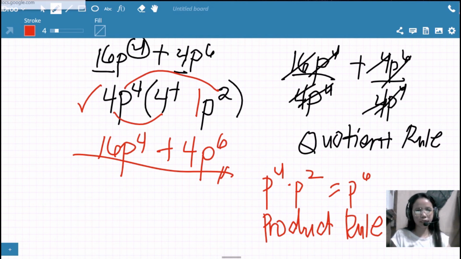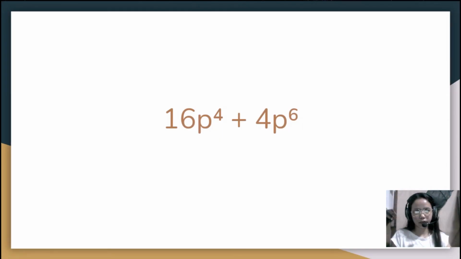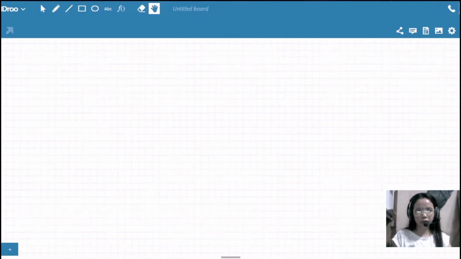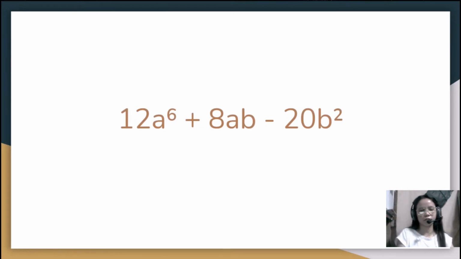Okay, so let's have our one last example. Our last example will be 12a raised to 6 plus 8ab minus 20b squared.